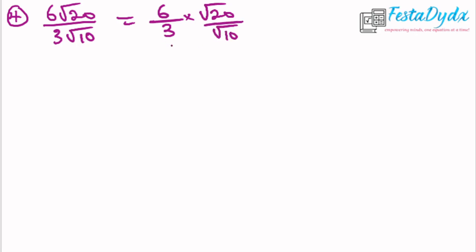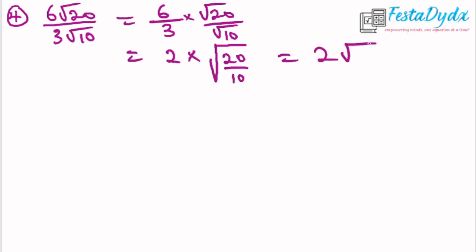So when we work on this, 6 divided by 3 gives us 2. So equals to 2 times, when we bring this under the same surd, we have 20 over 10. So we have 2, 20 divided by 10 is 2. So we have 2√2. So this is the answer for number 4.